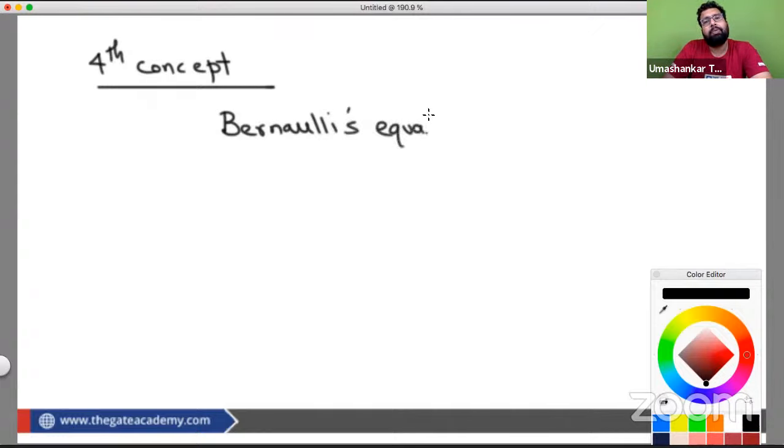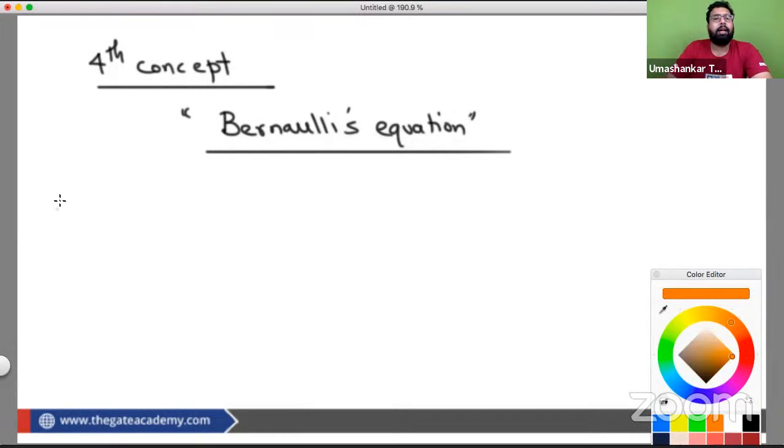Fluid mechanics without this equation is kind of incomplete, and again you will find many questions on this in the GATE examination. So what are the assumptions to write the Bernoulli equation, beta? Sometimes they may ask you the assumptions also, and they have asked this previously too.